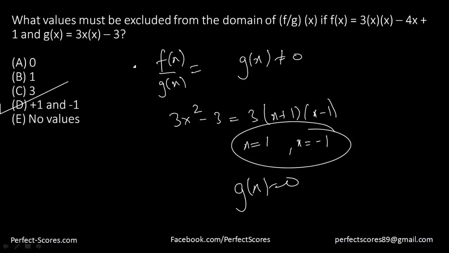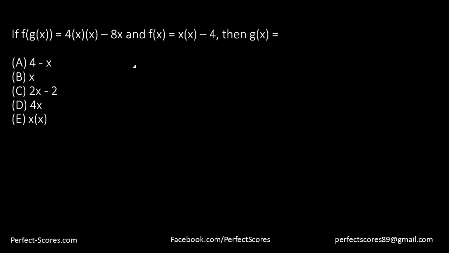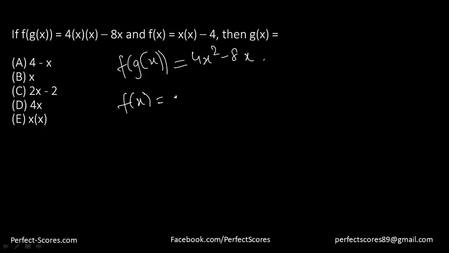Let's move forward to the next part, that is this question here. So this one says that f of g of x is this, and so what do we have to find? We have to find g of x, given f of g of x is equal to 4x square minus 8x, and f of x is equal to x square minus 4. F of x is x square minus 4.